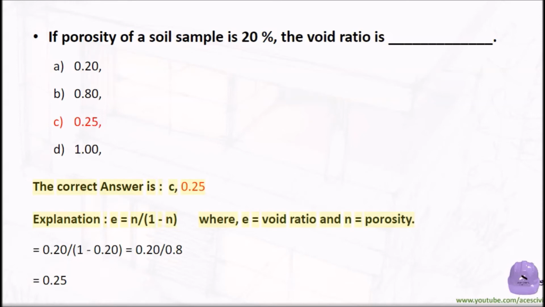Explanation: e equals n/(1-n), where e equals void ratio and n equals porosity. Equals 0.20/(1-0.20) equals 0.20/0.8 equals 0.25.